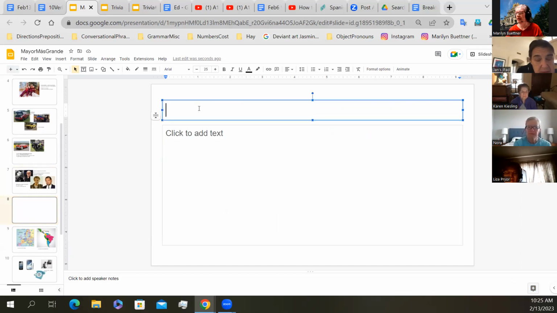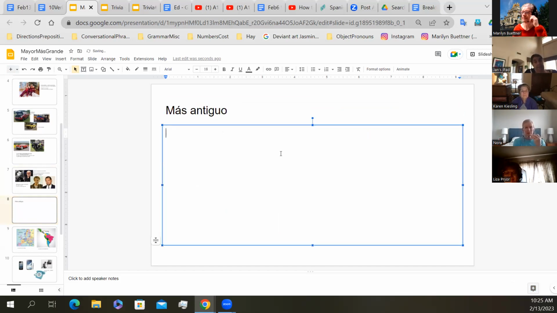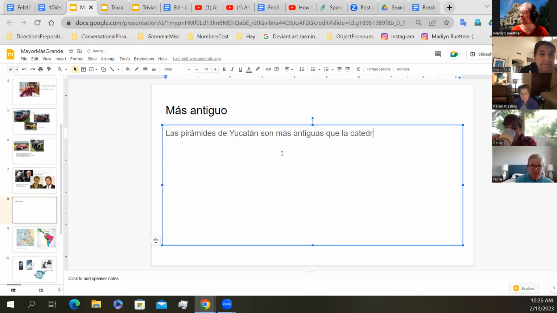Un ejemplo. Más antiguo, algo con más antiguo. Por ejemplo, las pirámides de Yucatán son más antiguas que la catedral de Notre Dame, o la catedral de la Ciudad de México, mejor.